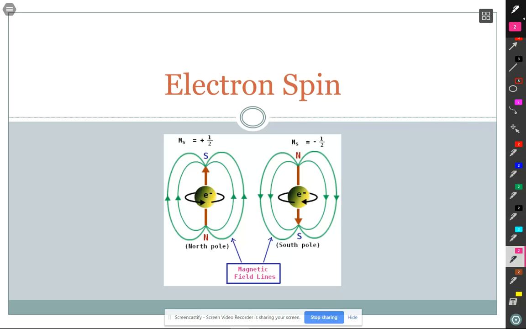Now with electrons, it turns out that the electrons have a magnetic moment that goes equally above and below 0, but doesn't hit 0. And so in this case, we still have a difference of 1 between the M sub S's, but it's going from minus 1/2 to plus 1/2.